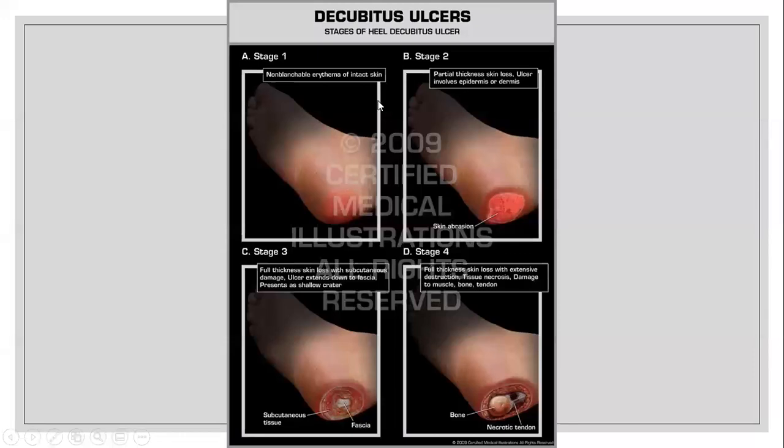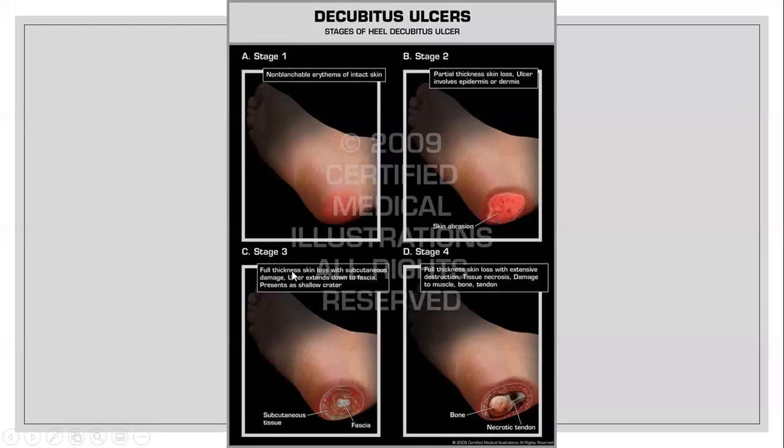In this picture, we can see the 4 stages of ulcer. Stage 1 shows non-blanching erythema and the skin is intact. Stage 2 is partial thickness skin loss, and the ulcer involves the epidermis and dermis. The two outer layers of the skin are called the epidermis and dermis. In stage 2, these 2 layers get involved.